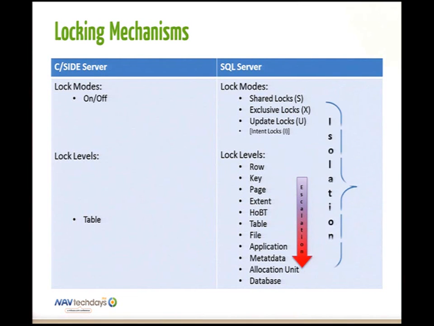And besides all this, we have the so-called transaction isolation levels. This is, so to speak, the context within which locks are established. And this also influences the kind of lock that is established and the resource level on which they are established. So all in all, as you can see, that's a way more sophisticated system, a way more complex system.